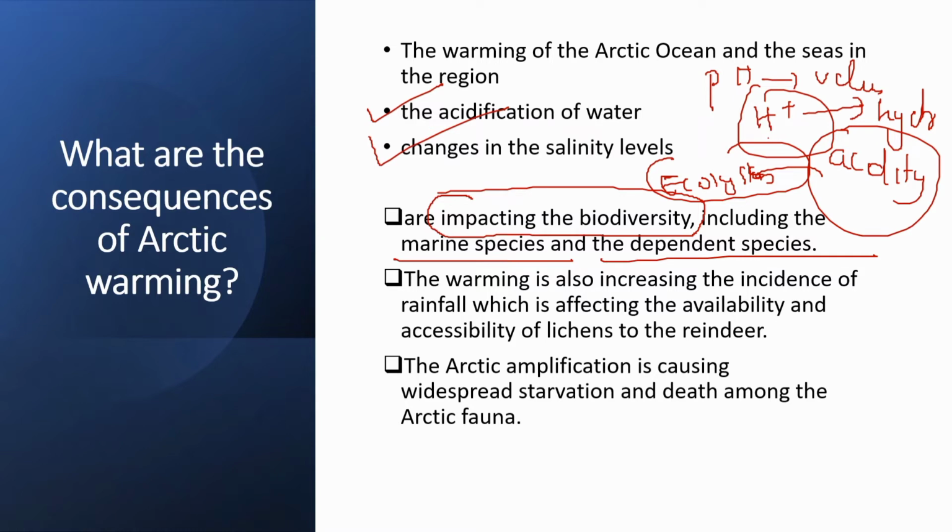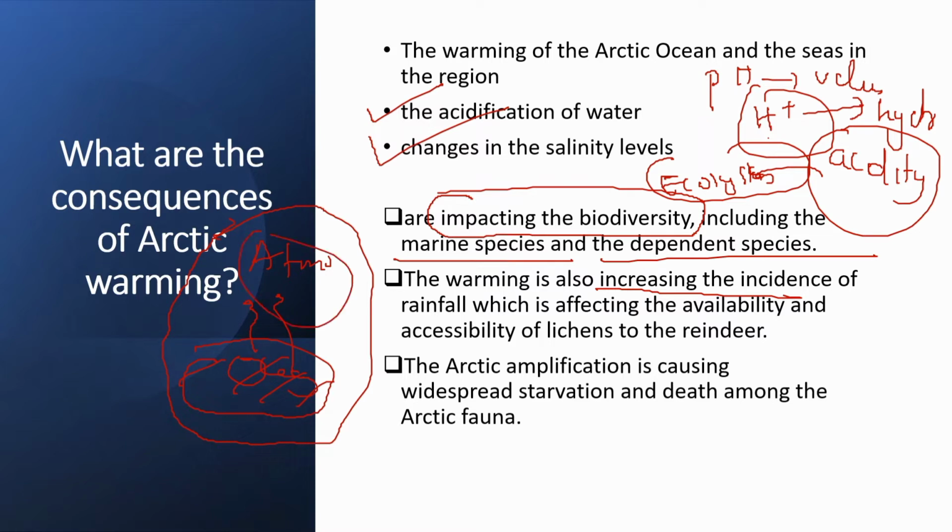The warming is also increasing the incidence of rainfall. We know that the ocean and the atmosphere always act as a single system. So any alteration in the ocean ecosystem can alter the atmospheric ecosystem, especially the variability or incidence of rainfall.